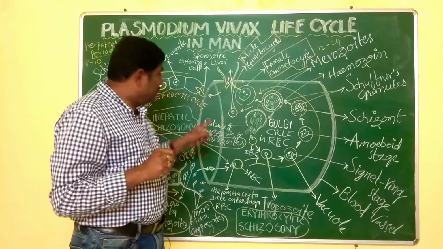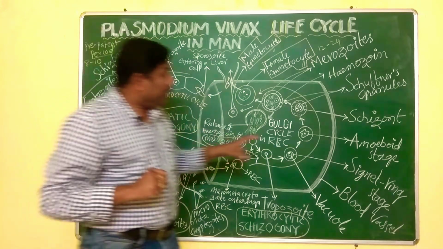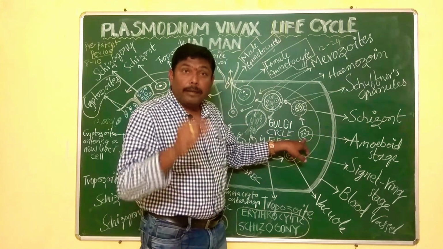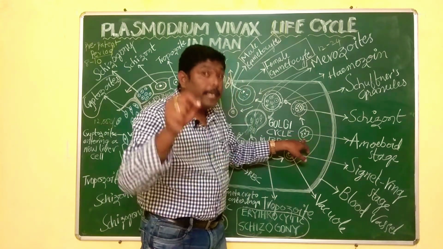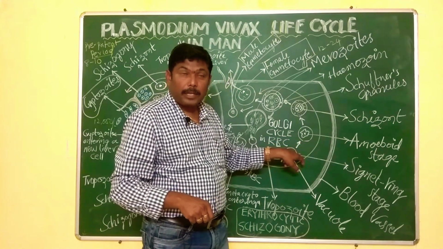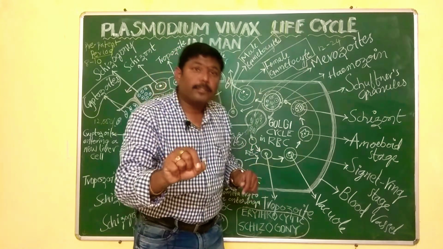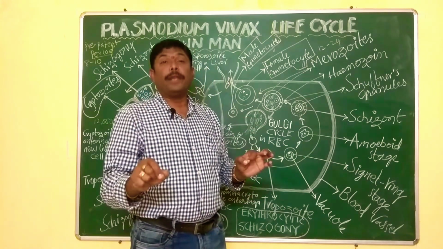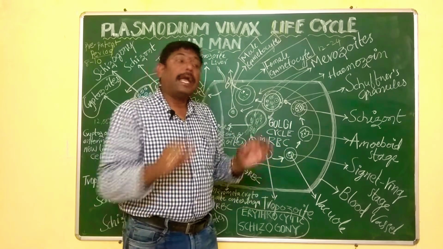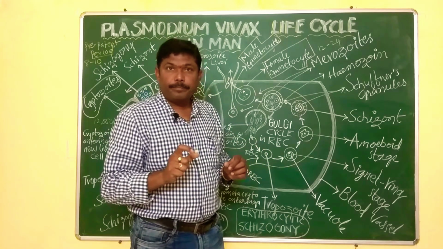And how is this hemozoin formed here? That means in amoeboid stage, the plasmodium feeds on the hemoglobin which is present in the RBC. It takes hemoglobin, but it digests only globin, because globin is a protein and heme is a prosthetic group or iron.